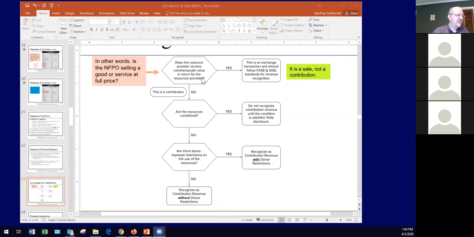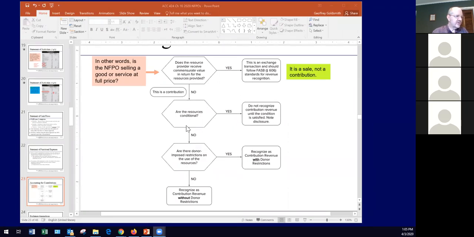But if the money that's being given to the organization is not directly tied to some good or service that the person giving the money would receive or earn, then it's a contribution.